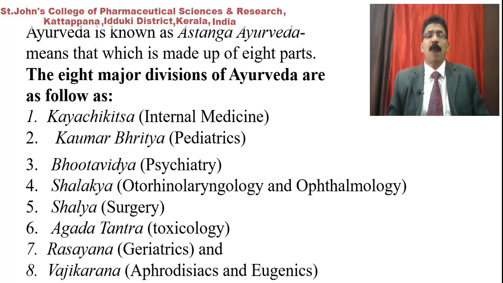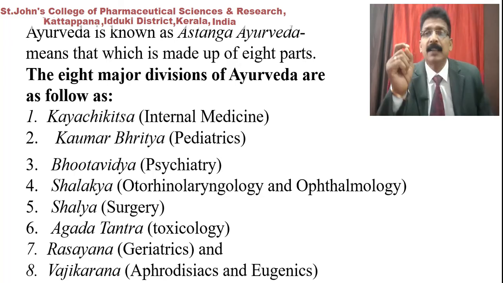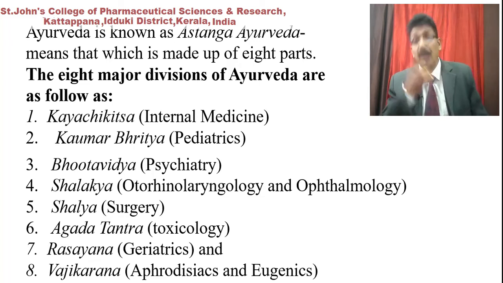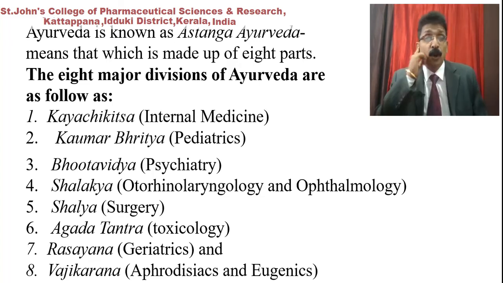And Kaumarabhritya, that means pediatric medicine for children in Ayurveda. Bhuta Vidya is psychiatry, psychiatric treatment. Shalakya is otorhinolaryngology and ophthalmology.